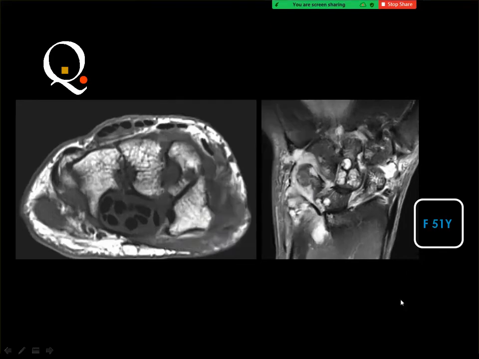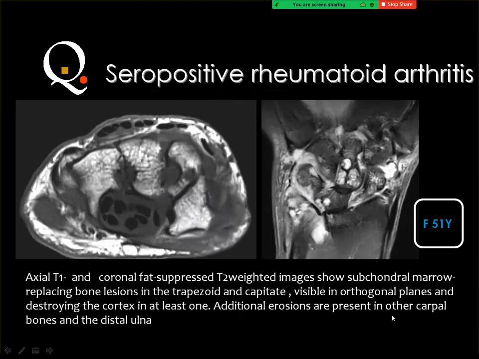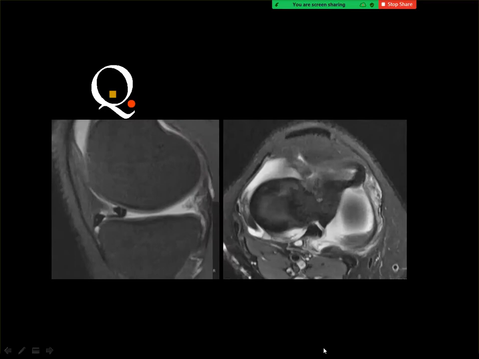And this is rheumatoid arthritis, and you can easily see the erosive changes in the carpal bones, which appear low signal in the T1 and high signal in the T2, with characteristic erosion of the ulnar styloid process, as well as synovial thickening and effusion, which is seen between the carpal bones as well as in the distal radioulnar joint.